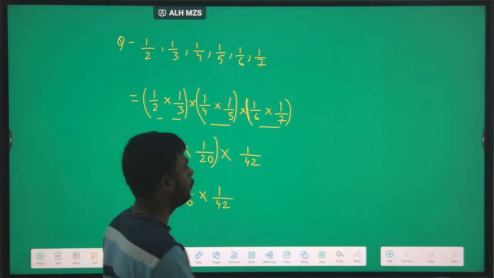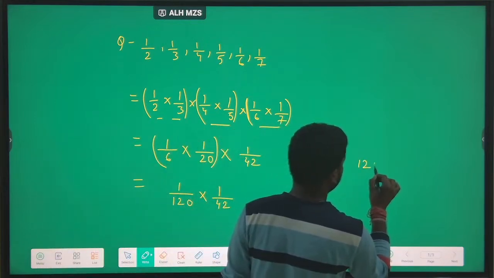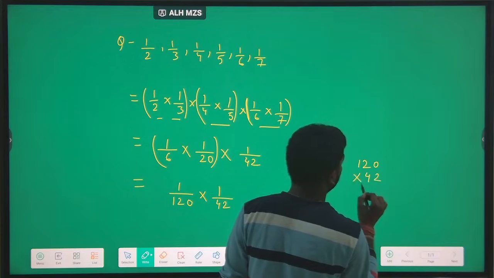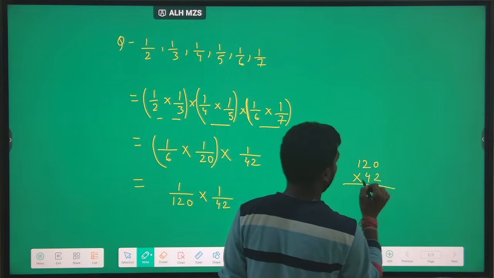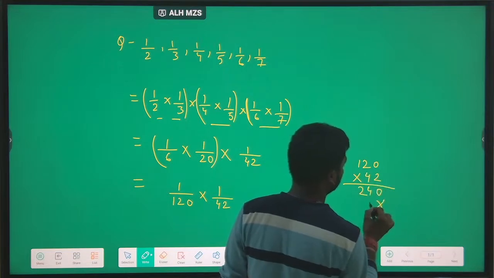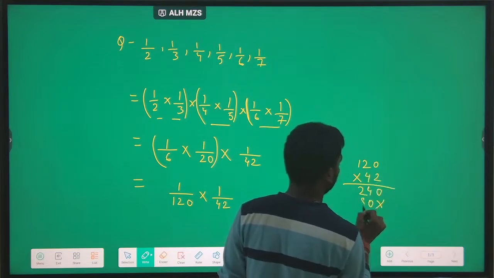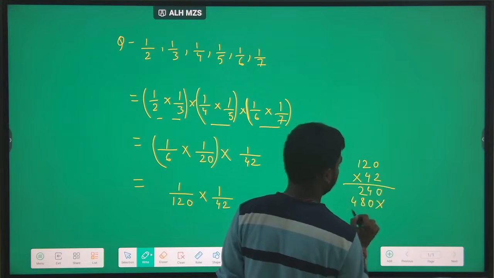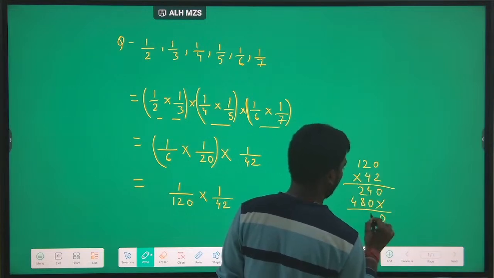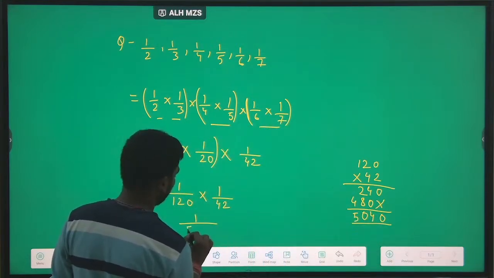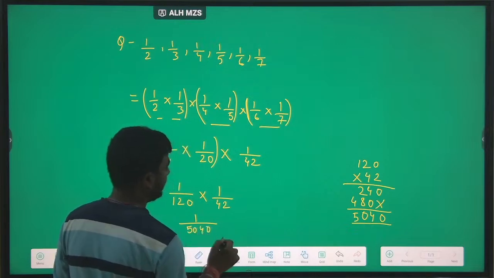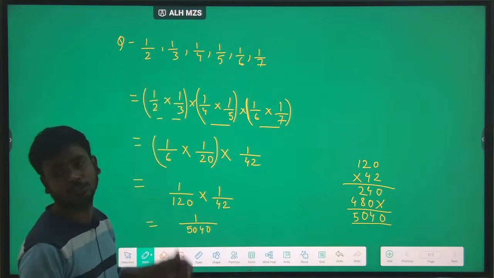So we have to multiply 120 with 42. How can we multiply it? 2 into 0 is 0, 2 2s are 4, 2 1s are 2, 4 0 0, 4 multiplied by 2 is 8, 4 multiplied by 1 is 4, 0, 4, 10, 5. So we will get 1 upon 5040. So this will be the answer for complicated questions.